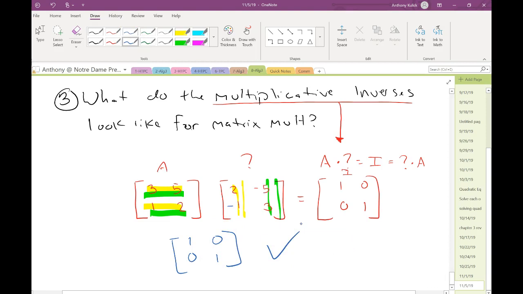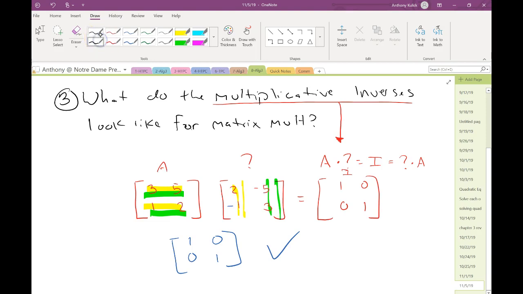It's possible, at least sometimes, that there is such an identity element. I'm sorry, such an inverse, or multiplicative inverse, right? Is the word I'm searching for there. So it is possible. These things do exist. I've shown you one of them right there. How do we find those, though, is a different question.